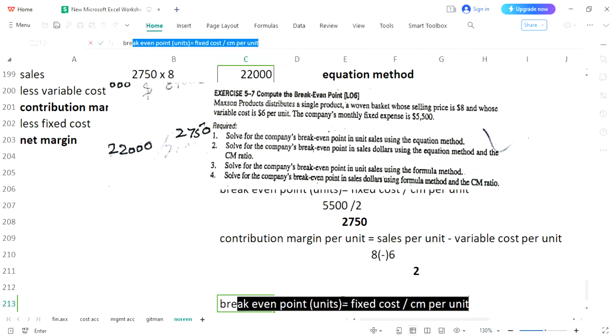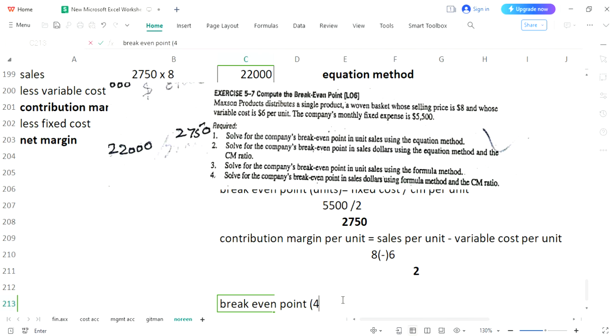We need to have break even point in terms of dollars. This is what it was saying in our requirement. We need to have a dollar amount put over here.